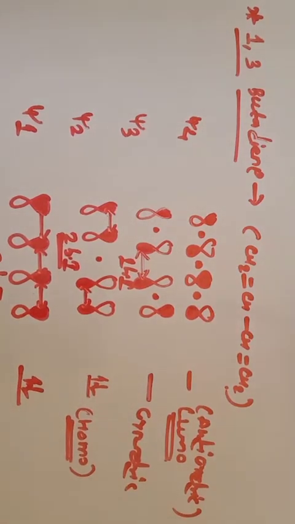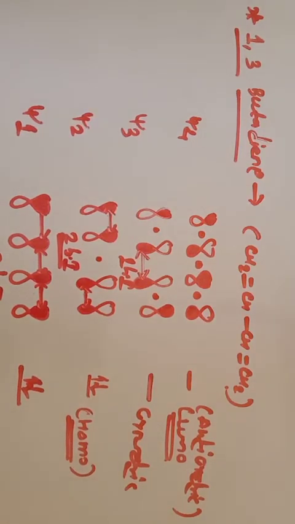That is, psi 2 is your HOMO, and psi 3 is your LUMO, and psi 4 is also your LUMO. So you should keep in mind the p orbital interactions for 1,3-butadiene. One should know that the number of carbons present is equal to the number of wave functions.